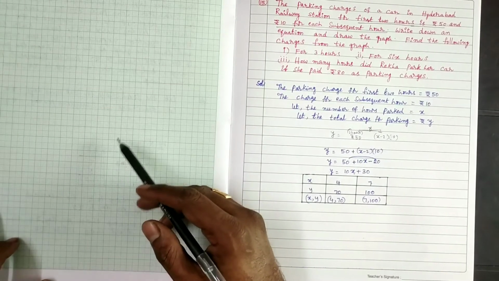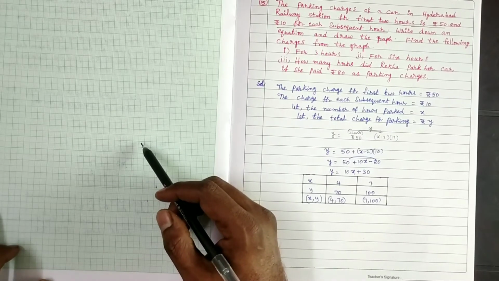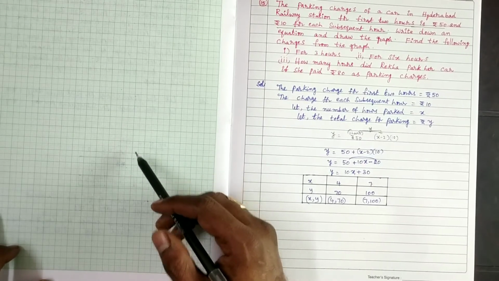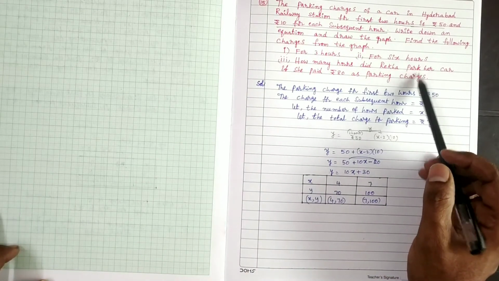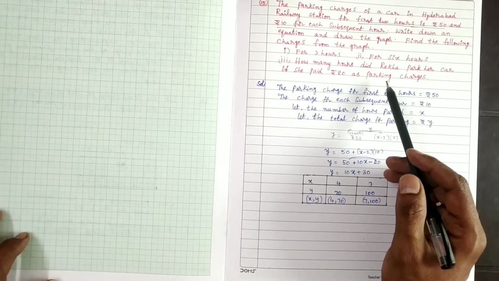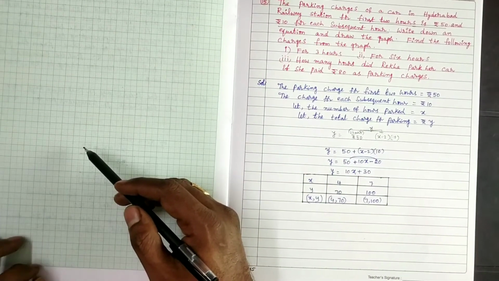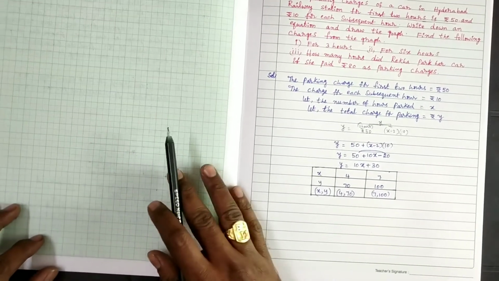So finally the scale is, on x-axis 1 centimeter as 1 unit, on y-axis 1 centimeter as 10 units, and the number of parking hours and parking charges can never be negative. So take the x-axis and y-axis as corners.